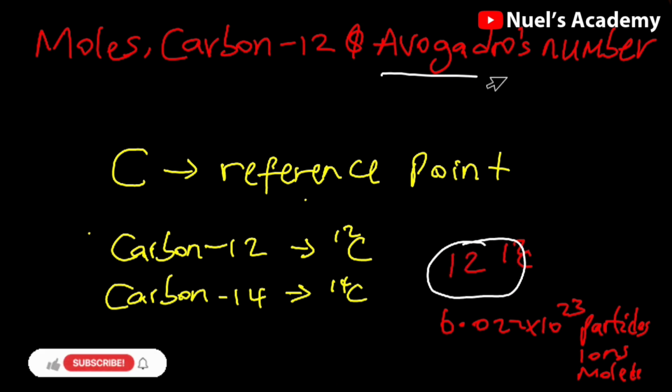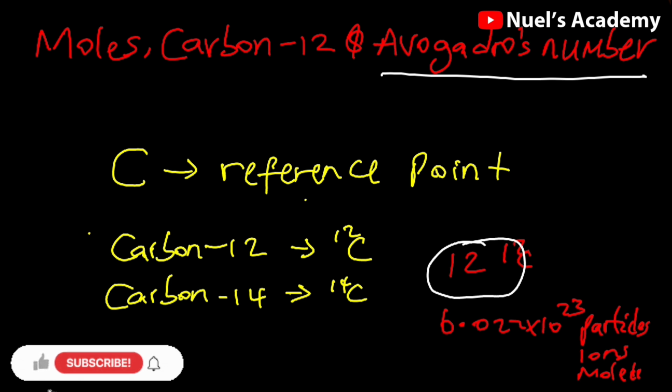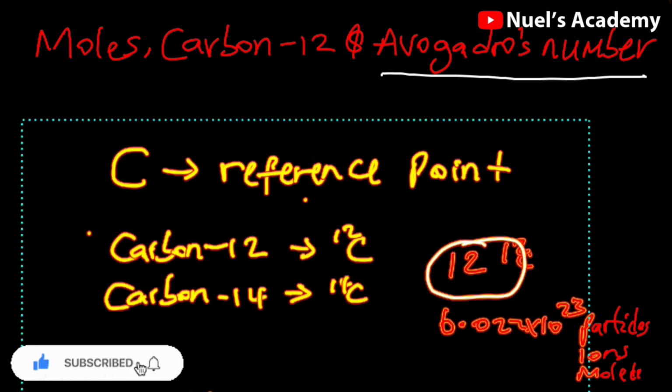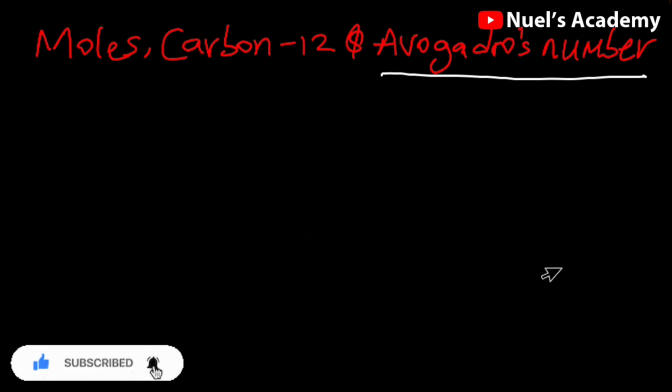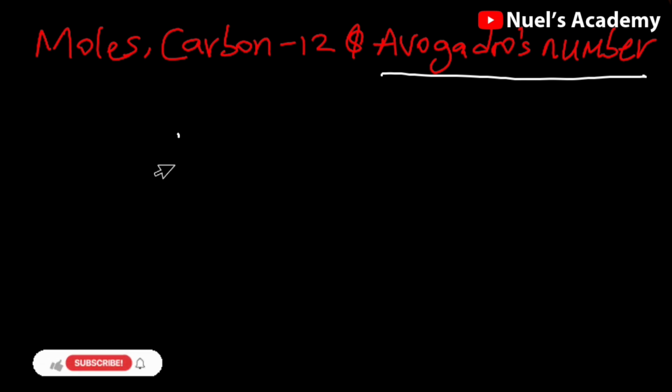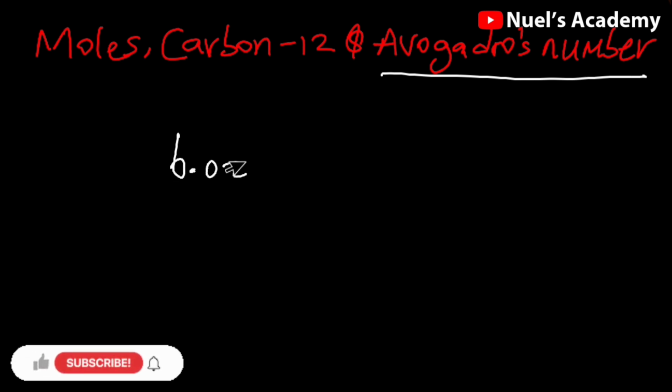So let's discuss Avogadro's number. Avogadro's number is this number, 6.022 times 10 raised to the power 23.